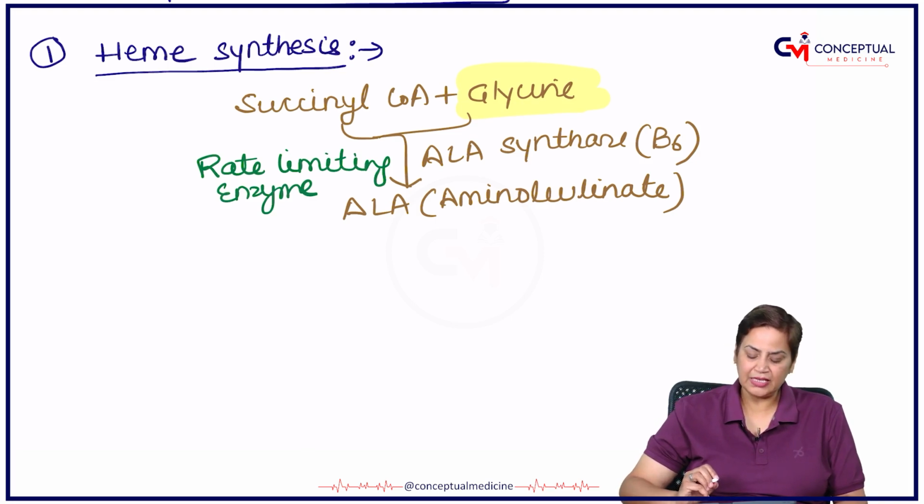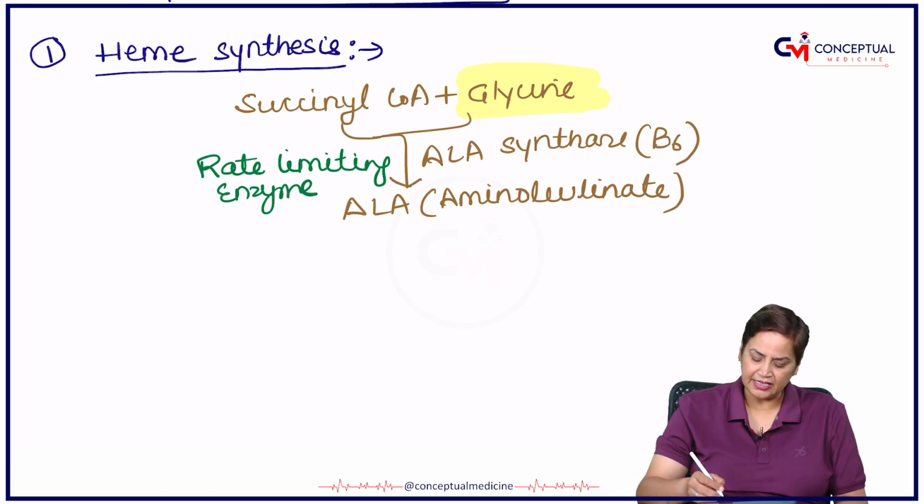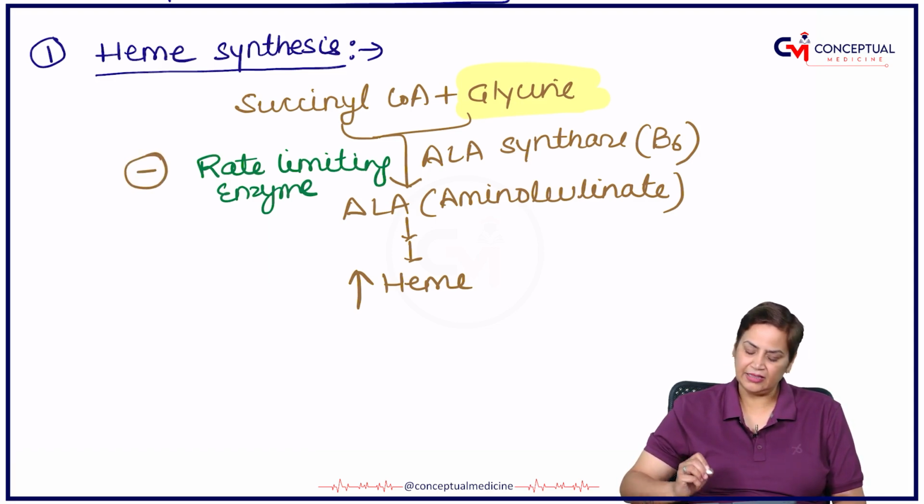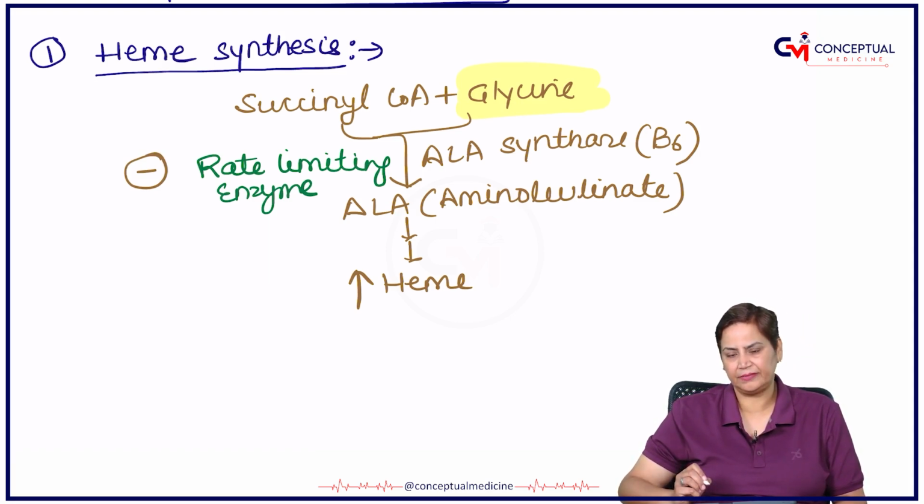Right? So this is the first specialized product, because whenever there is increased synthesis of heme, there are so many steps, so I can say whenever heme concentration increases, it inhibits this enzyme. And this enzyme requires succinyl coenzyme A plus glycine.